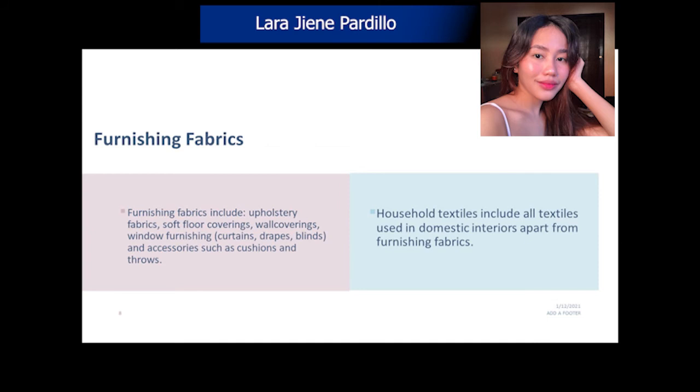Linen is a textile made from the fibers of the flax plant. It is very strong, absorbent, and dries faster than cotton. As I said earlier, it is also used in making household items. Some examples are bedding, tablecloths, pillowcases, and many more.